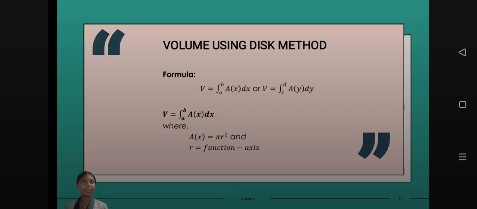Distribute the 2 pi and separately get the integral. So we have here negative 4 pi, the integral from 0 to 1 of y sine inverse of y dy, plus 2 pi, the integral from 0 to 1 of pi y dy.